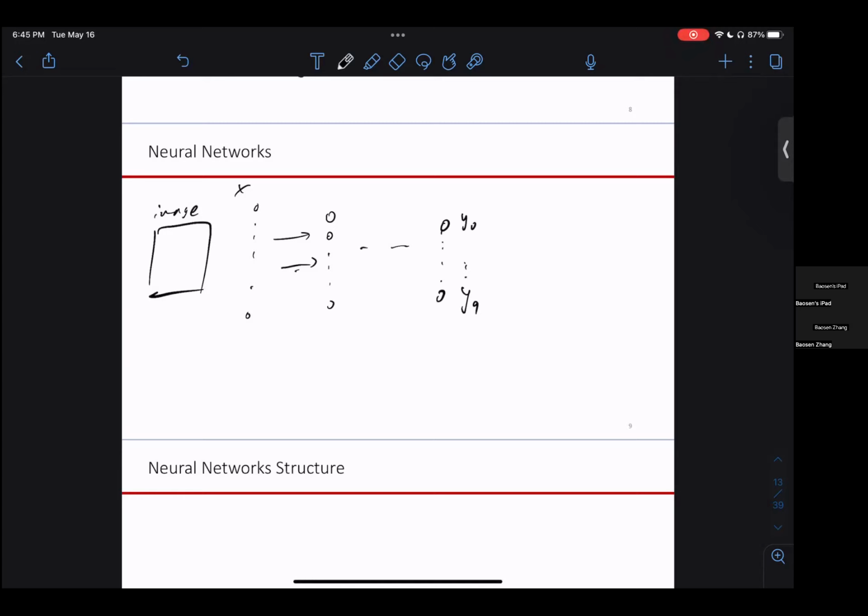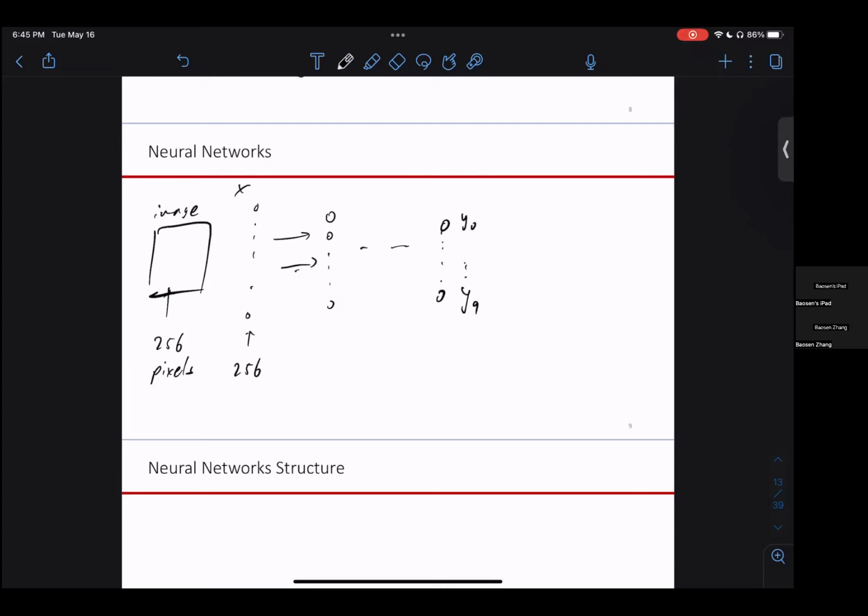Remember this image is 256 pixels, so the length of this vector is 256. You put every pixel in as one component of X and shove it into the neural network. And the outcome is 10 outputs, or labels from 0 to 9.